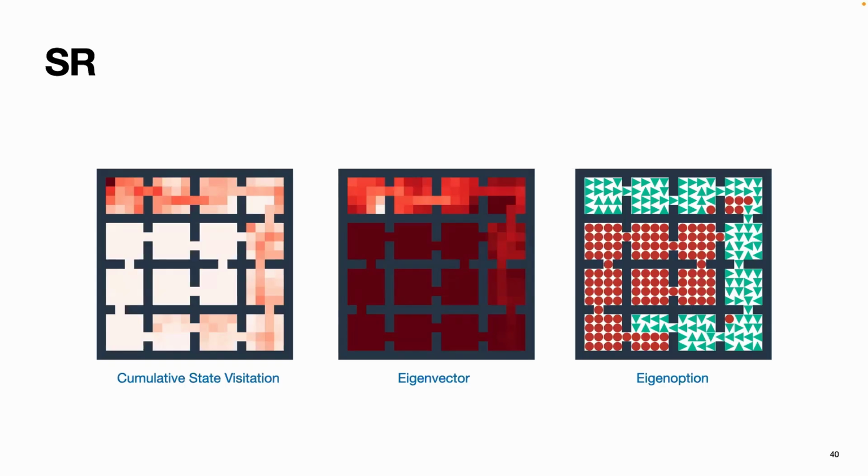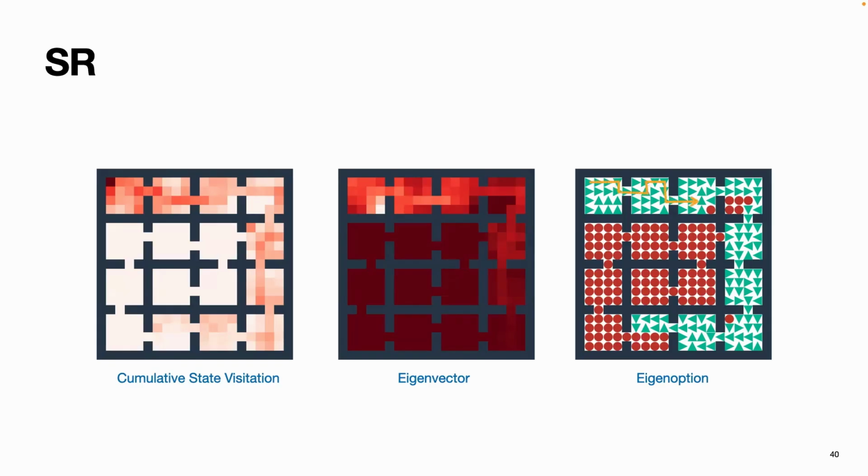And if we look at the eigenoption and try to visualize the direction from the start state, we can see where the option is taking us. The initial state here is the top left state, at the very top left corner.